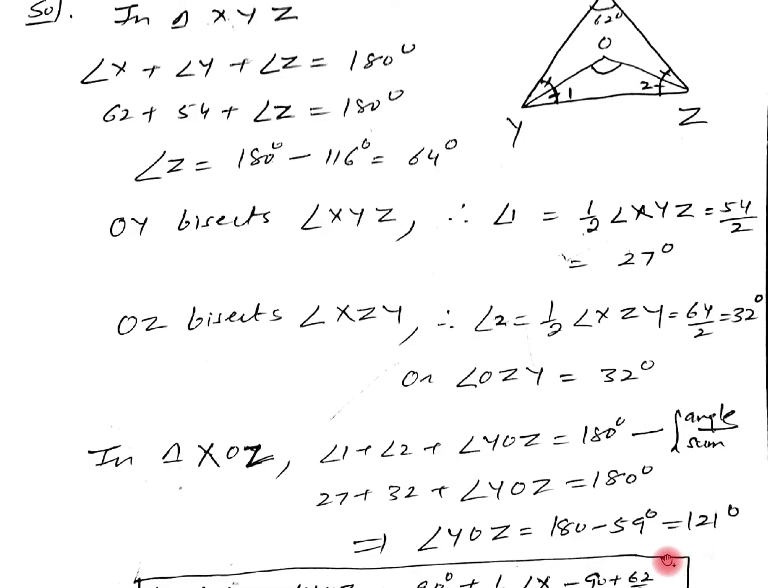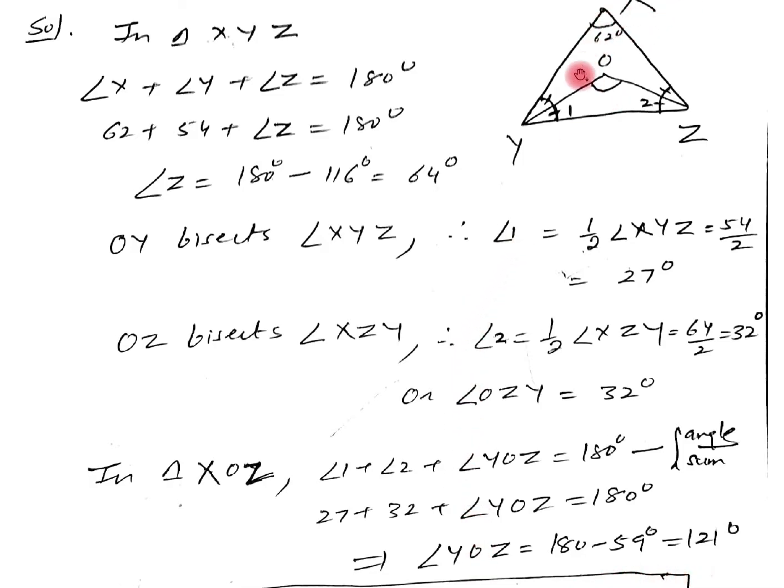Now again I am giving you one more important point. When in any triangle these are the bisectors of the base angles, then this angle is always 90 plus half of this angle. Just keep in your mind, it is one of the results.